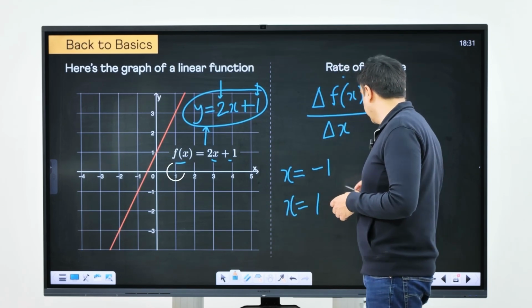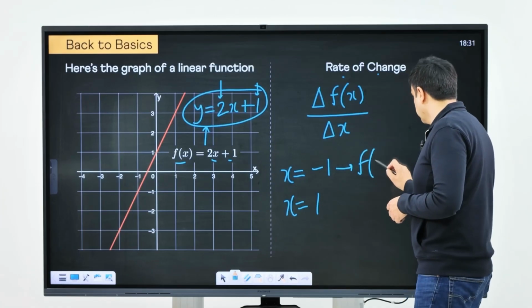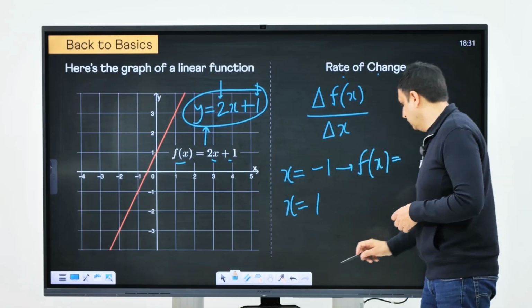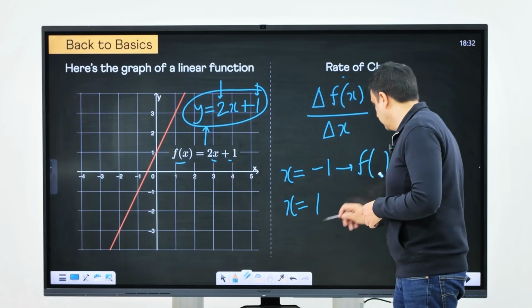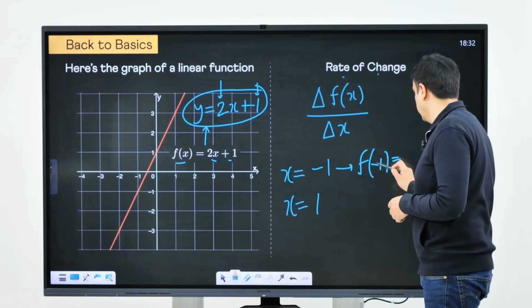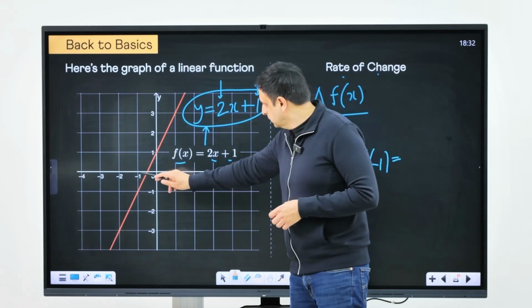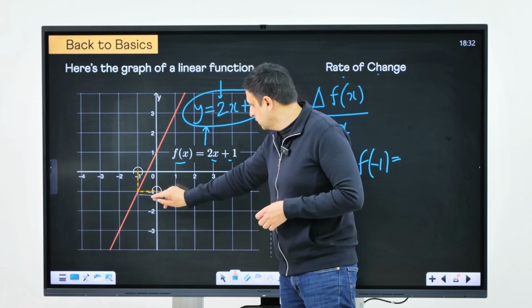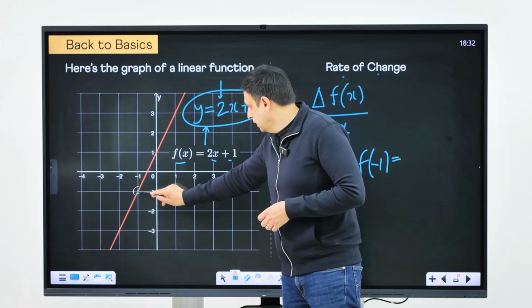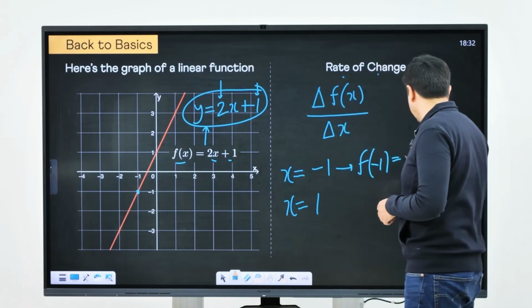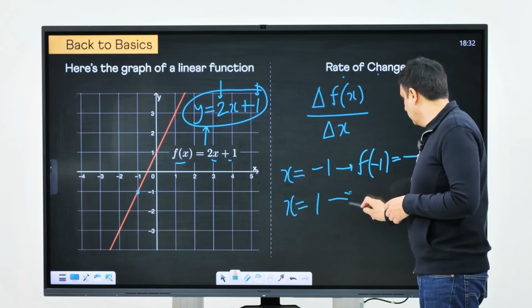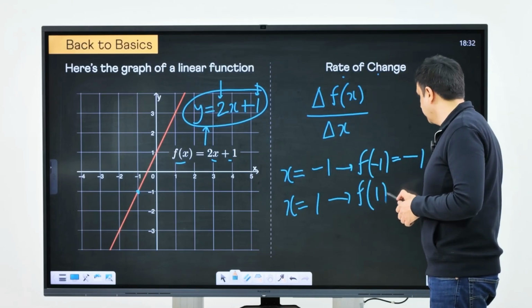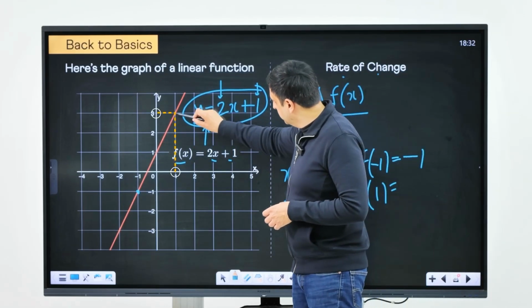So for x equal to negative 1, f of negative 1 we can see from this graph here will be negative 1. And for x equal to 1, f of 1 will be 3.